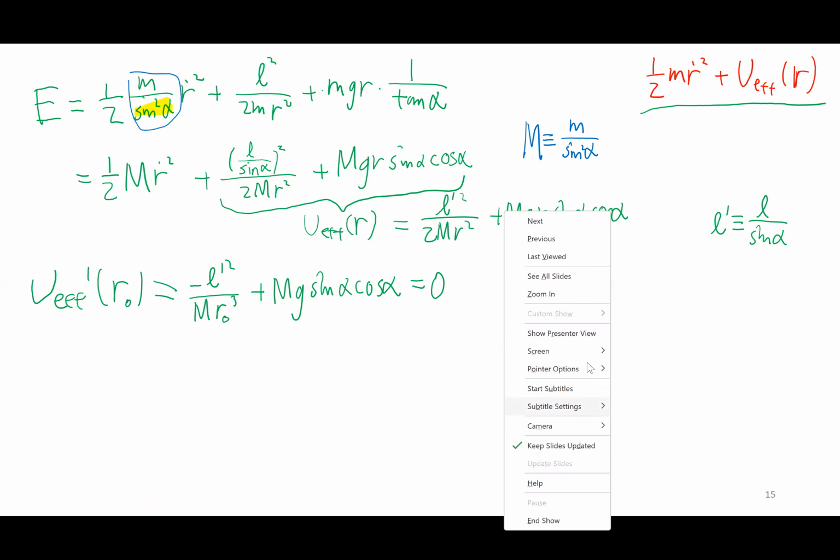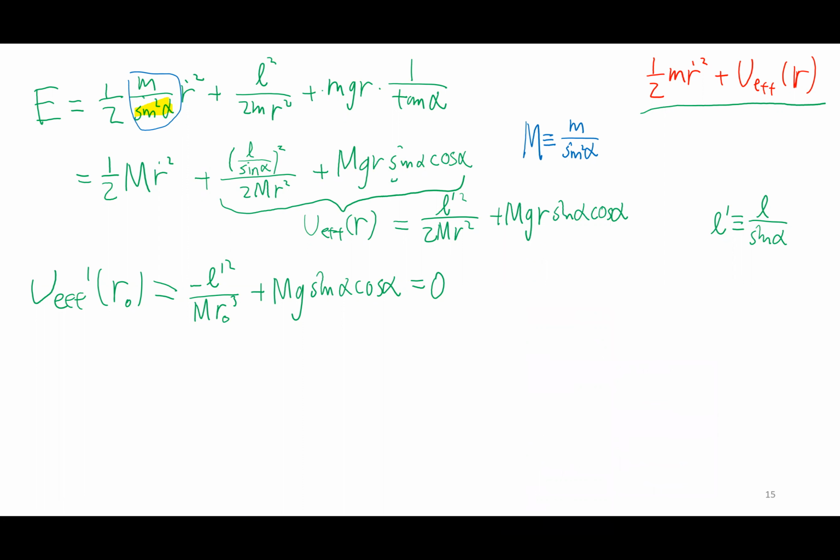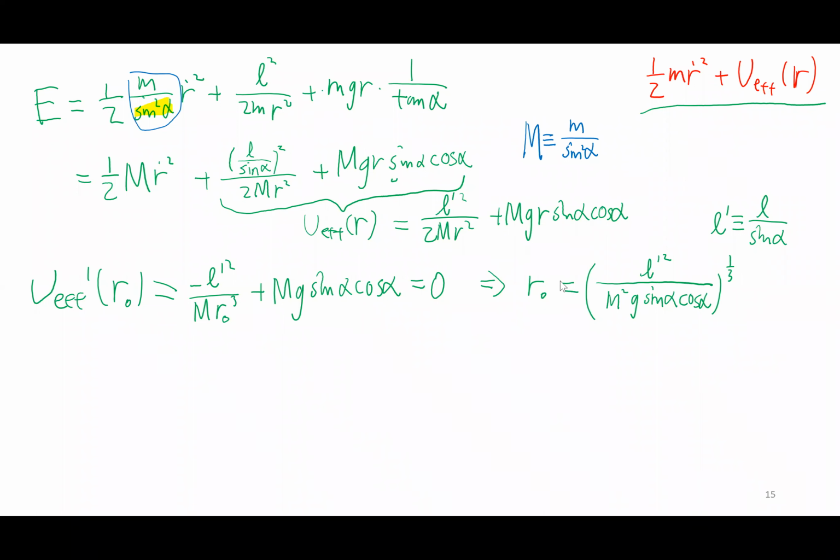From here you can obtain R naught, so you could have R naught equal to this, and this is R naught in terms of the other quantities.